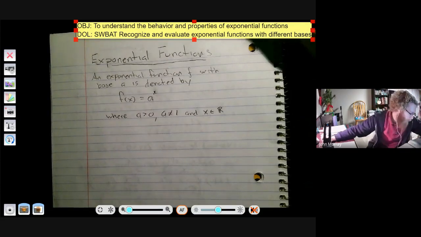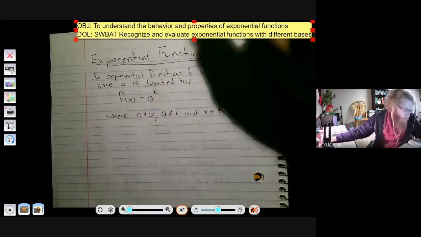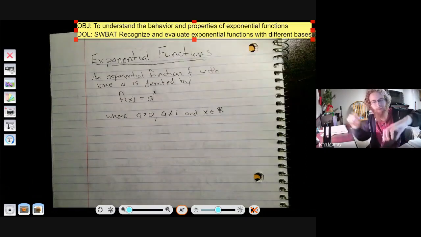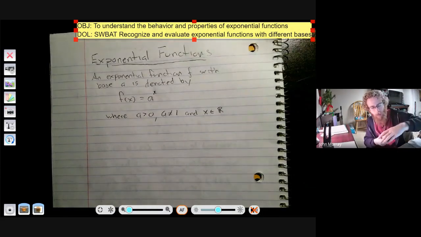Okay, so one of the things is how to calculate it. If you're using your phone calculator, I don't think mine has it because I don't have an iPhone anymore.